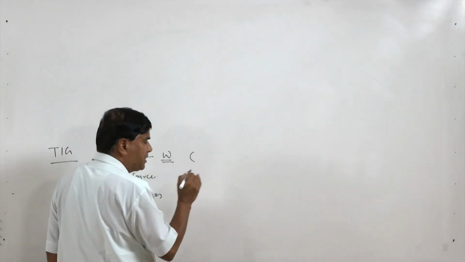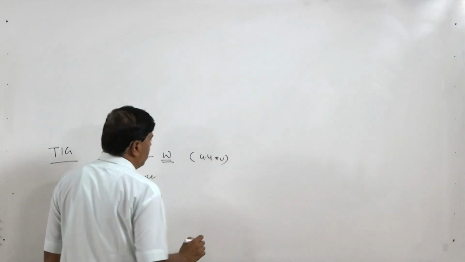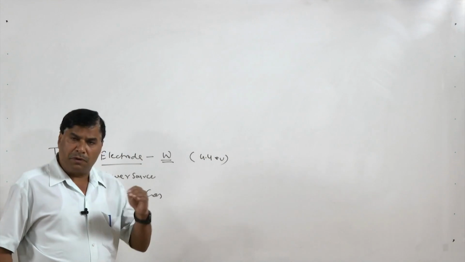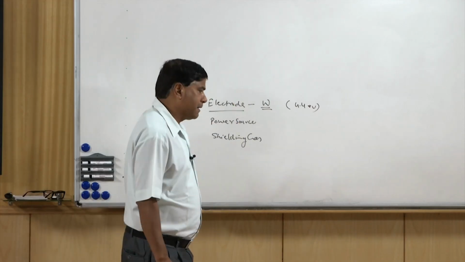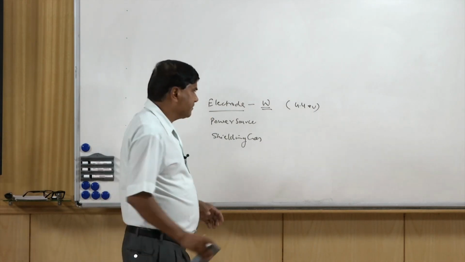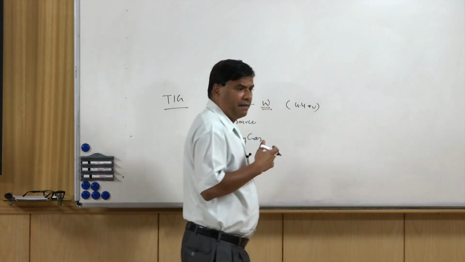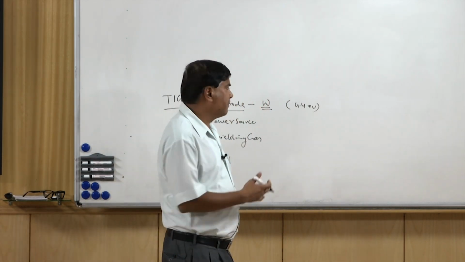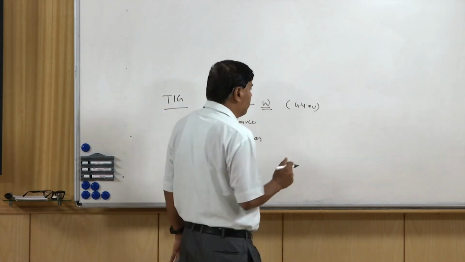Tungsten has an ionization potential of about 4.4 electron volts. So, it is also a very good electron emitter, but when high current is supplied during welding, it gets heated and its life is adversely affected because of the heating and the erosion during the operation.